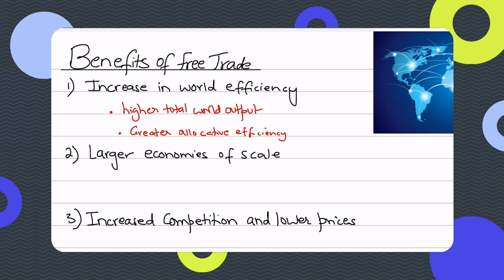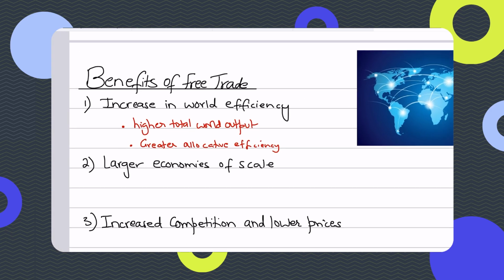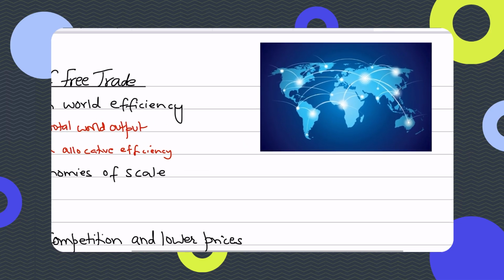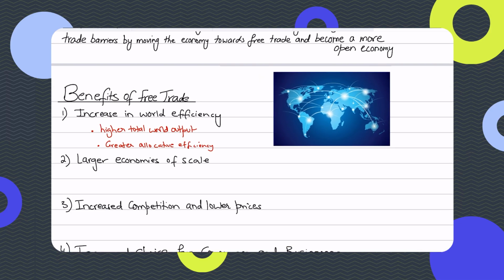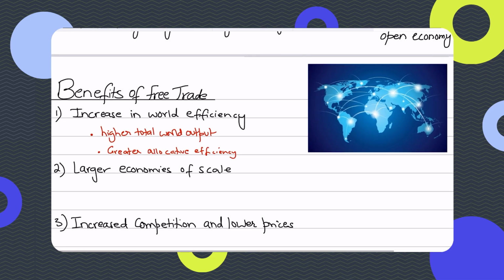So, in simple terms, guys, what we're saying is that the entire globe ends up producing more using the same amount of resources, and that is a gain. But why is this happening? Why are they able to achieve that advantage? Because it's representing a gain in efficiency.